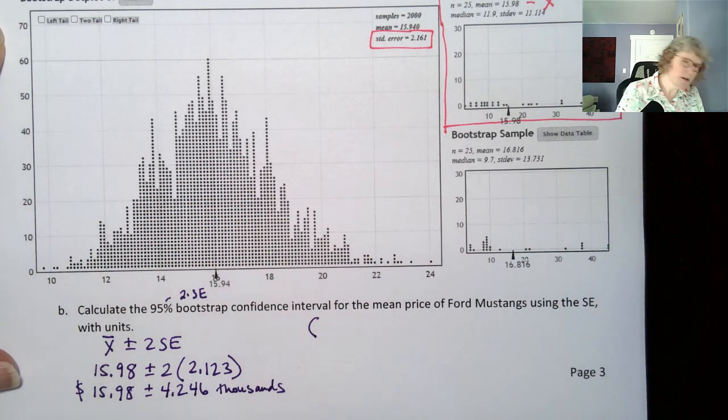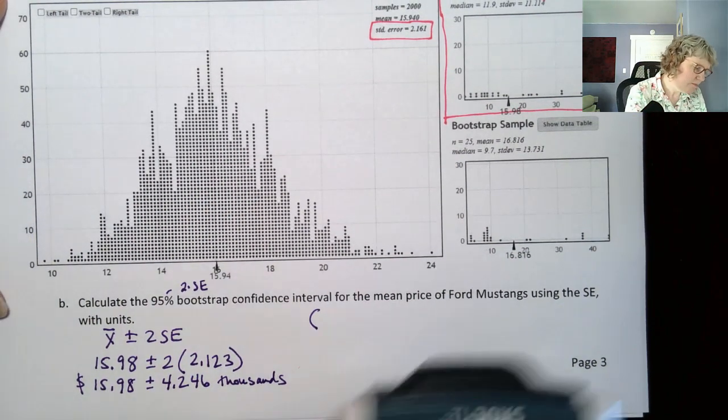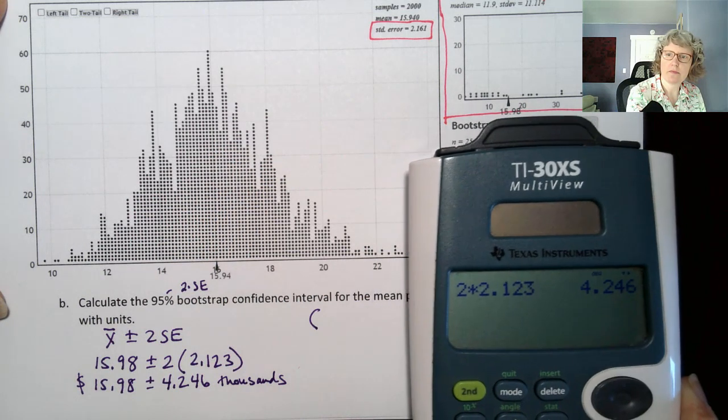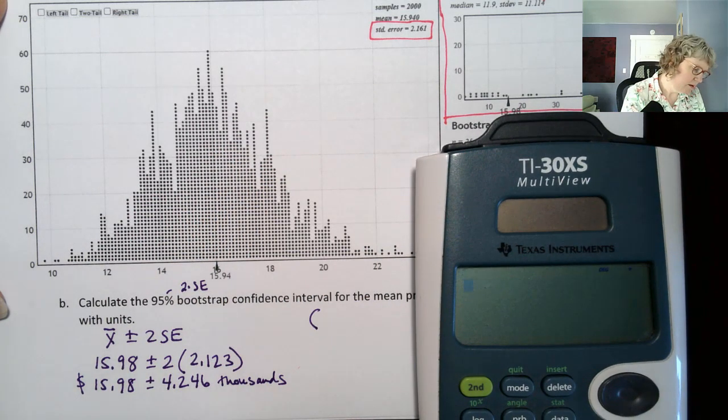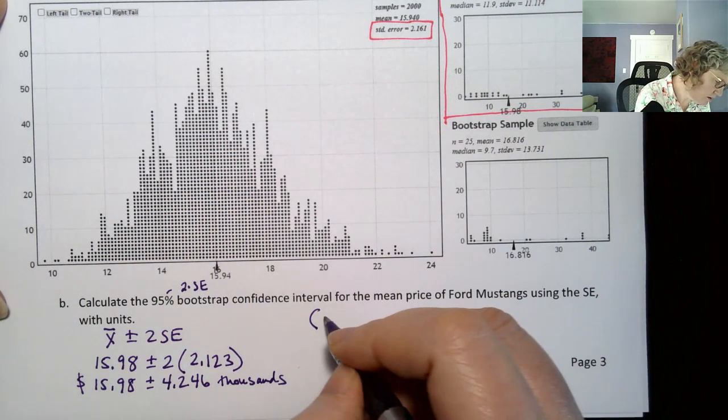Okay, and then just like before, we go ahead and do our subtraction and our addition. 15.98 minus 4.246 is 11.734.